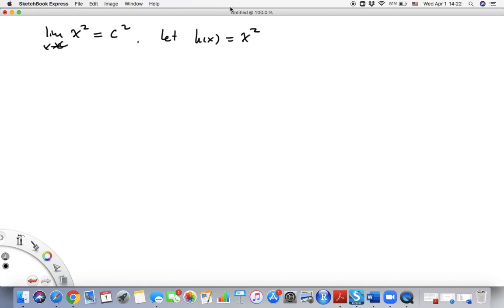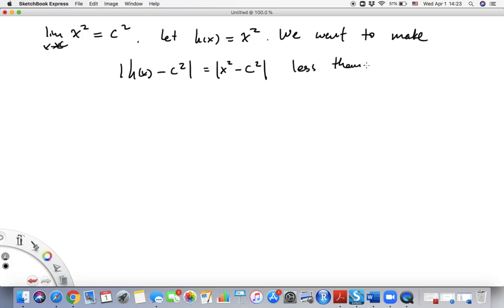Then what do we want? We want to make the absolute value of h of x minus c squared, which is x squared minus c squared, less than epsilon by taking x sufficiently close to c.